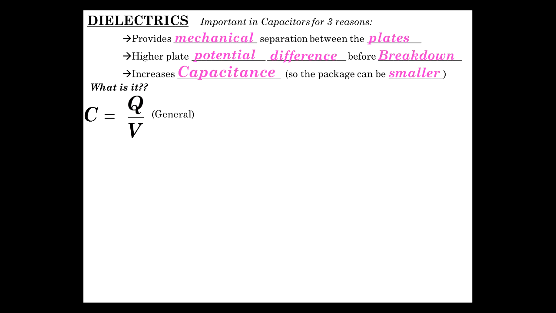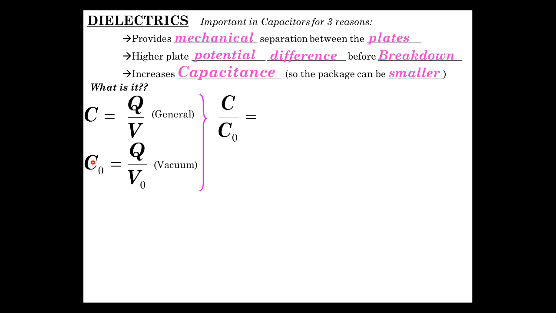C is equal to Q over V in general. C0, or C naught in particular I should say, is Q over V naught in a vacuum. Kind of like epsilon naught, epsilon 0. Now, if you take the ratios, so just to clarify, the general is the situation where we put a dielectric in the capacitor.